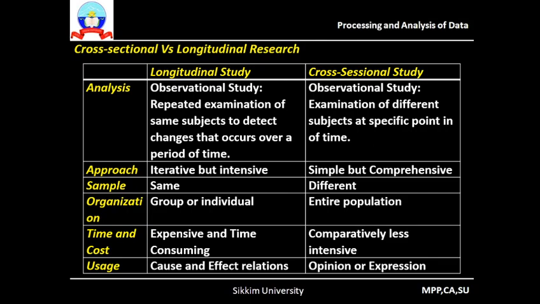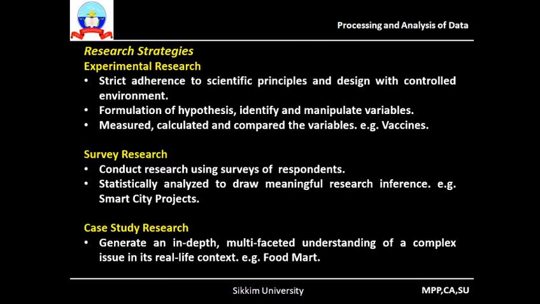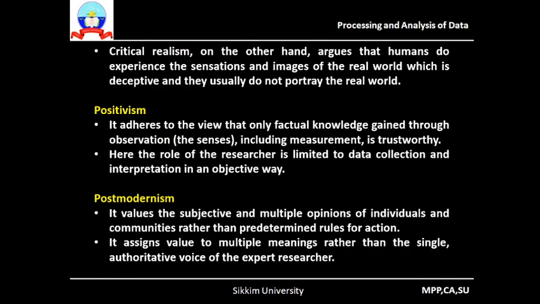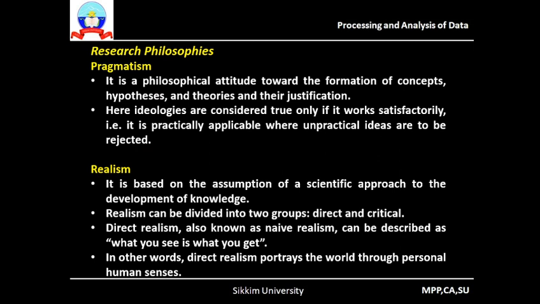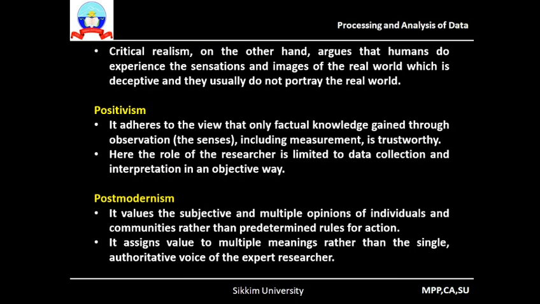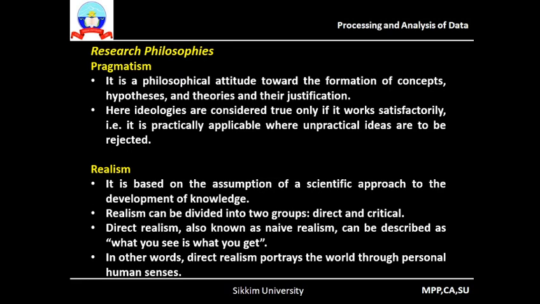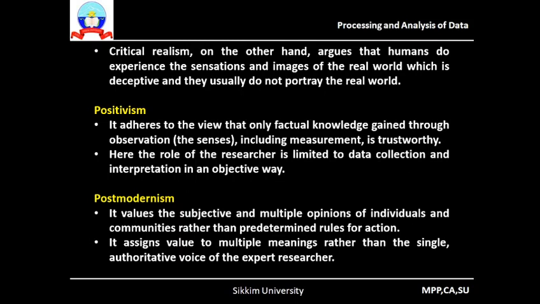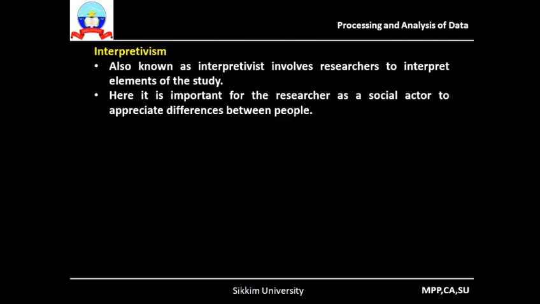So in this class, we have learned about different types of research philosophies. There are 5 different types of research philosophies that may be adhered to: pragmatism, realism, positivism, postmodernism, and interpretivism.